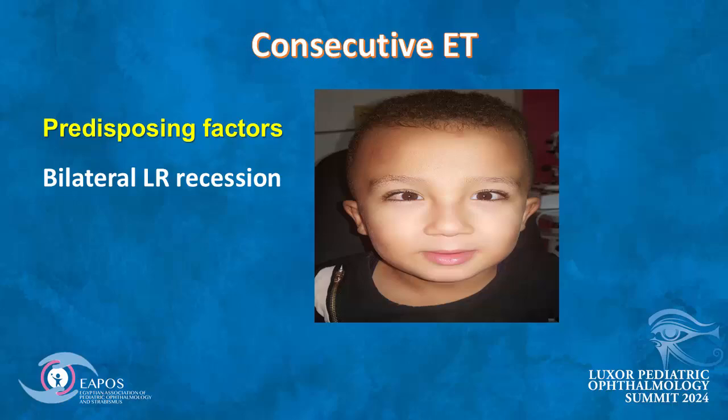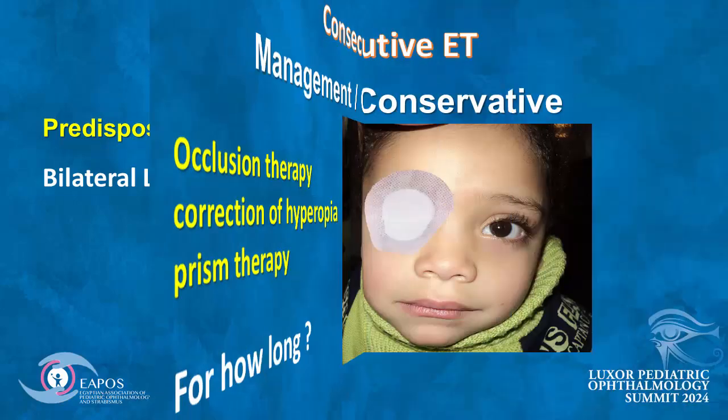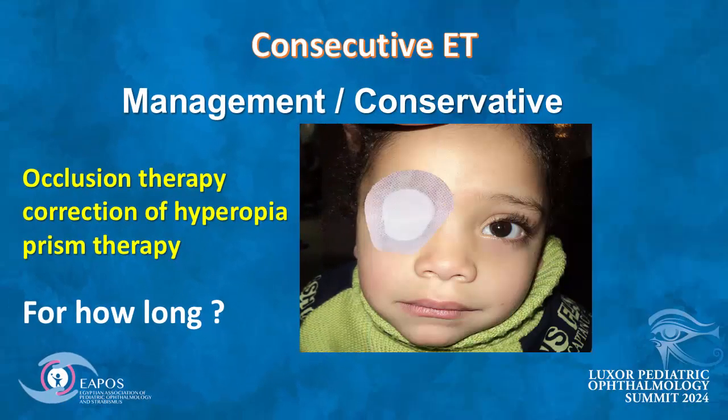What is the treatment of consecutive esotropia? The main treatment is to wait, with conservative treatment, either by occlusion, correction of hyperopia, orthoptic therapy, and others.